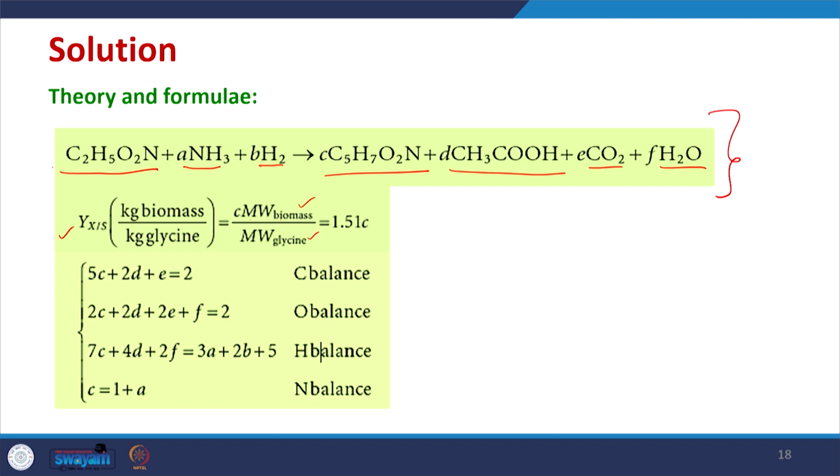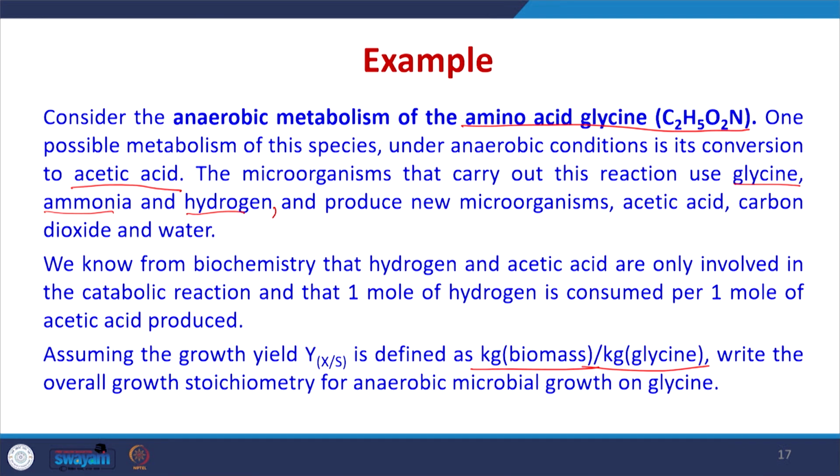Now, similarly, the values for the different C, O, H and N balance equations are given here, and it is already written that another condition is that 1 mole of hydrogen is consumed per 1 mole of acetic acid produced.